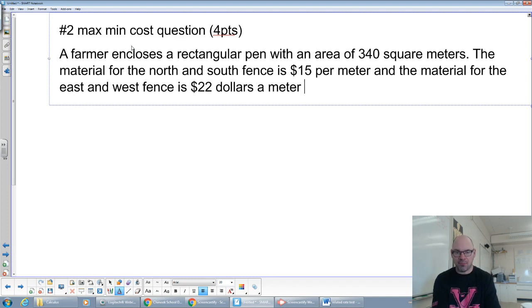Find the dimensions of the pen to minimize cost.